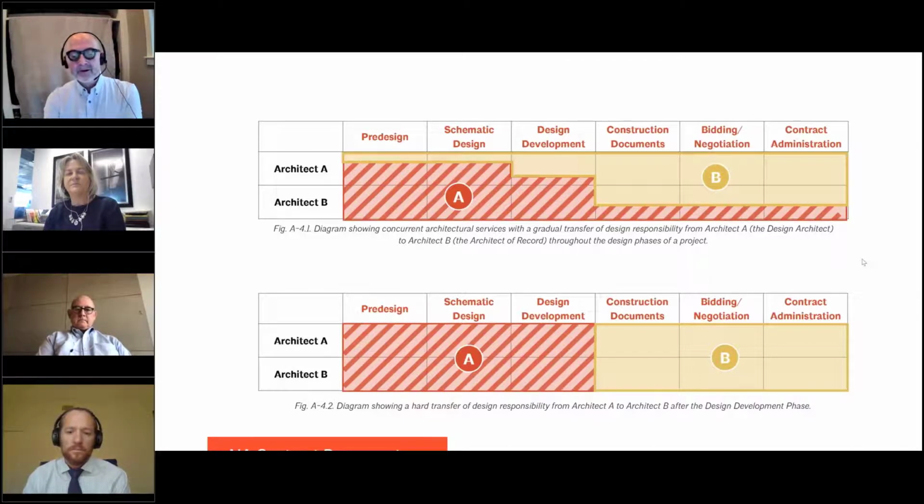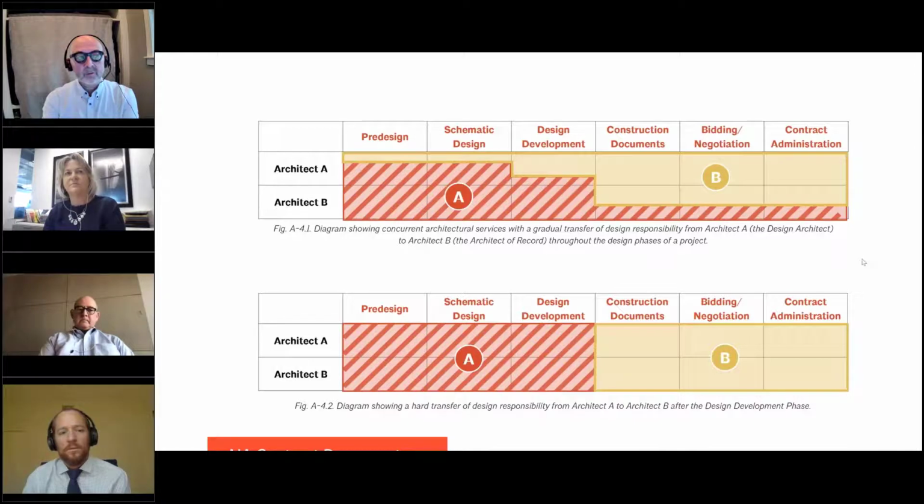We do a lot of transit work where we collaborate with engineers of record, and we are the design architect and essentially the AOR as well for the architecture. But it does require a great deal of upfront communication. And candidly, before these documents were published, it was somewhat of a struggle for us.